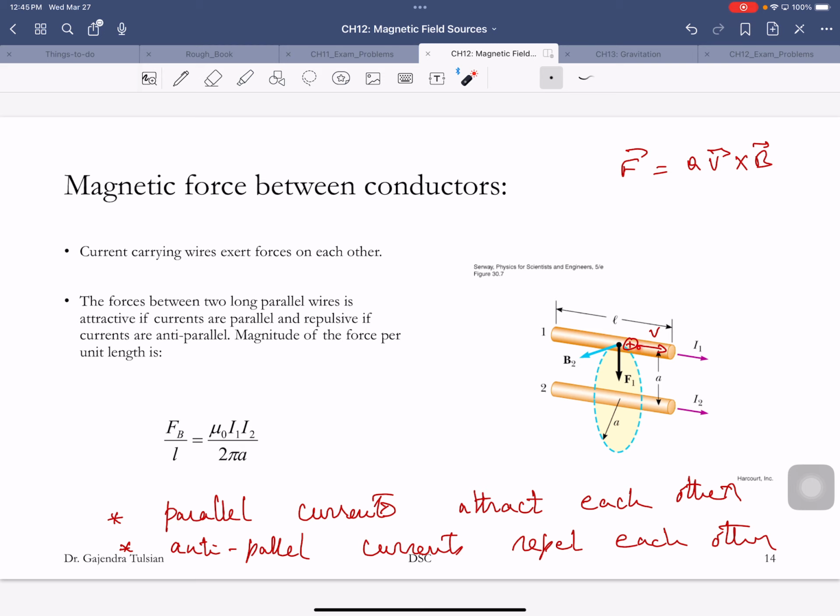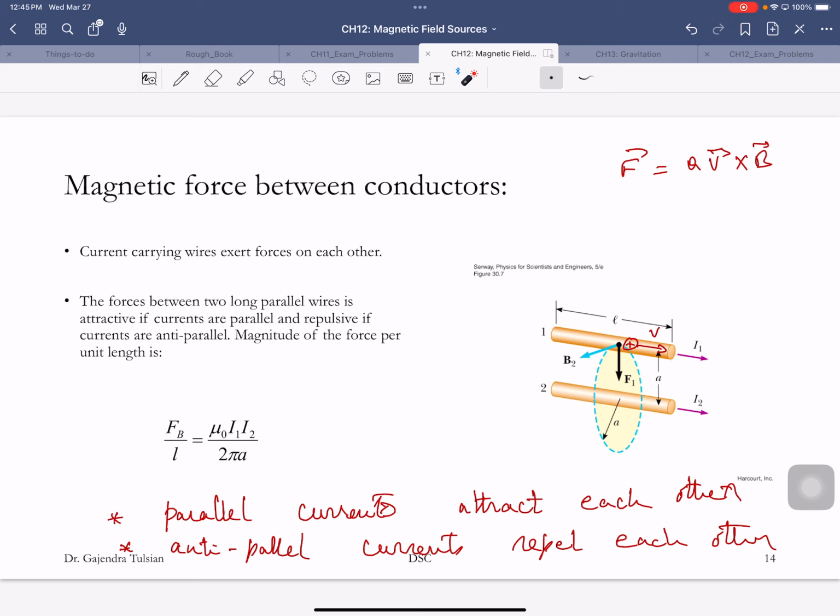And the force they feel is QV cross B. If you turn a screw from here to there, the force will be in that direction. So wires carrying parallel currents feel an attractive force. If the currents are in the opposite direction, the force would be repulsive.